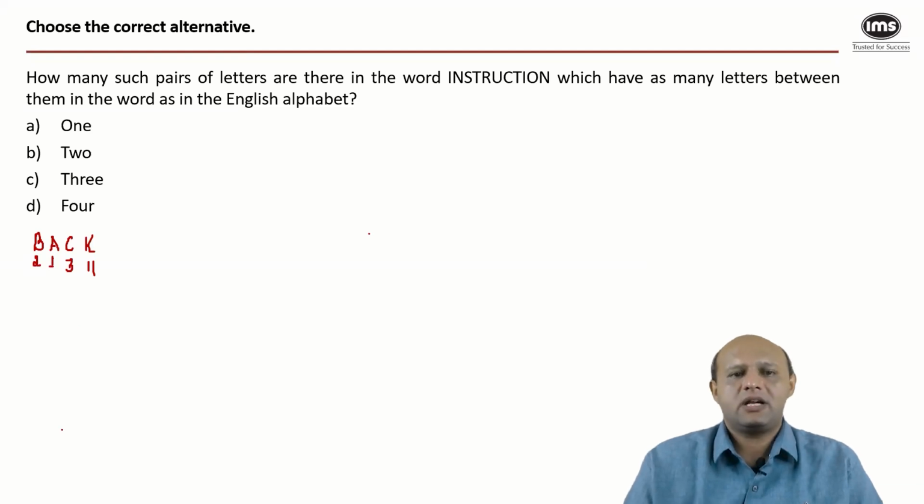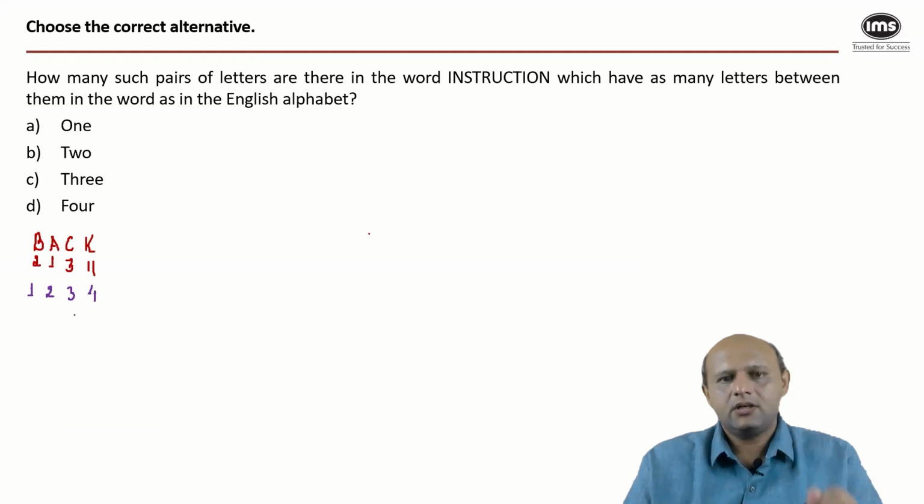Now if you are to start finding the pairs, you'll number this from the first to the last: first alphabet, second, third, fourth. What this does is it helps you establish a correlation.